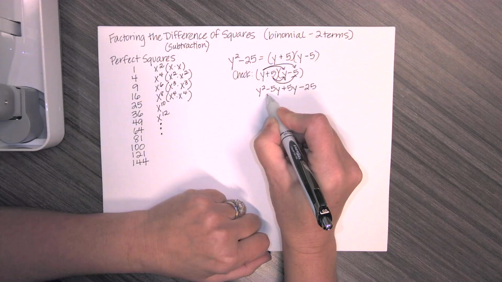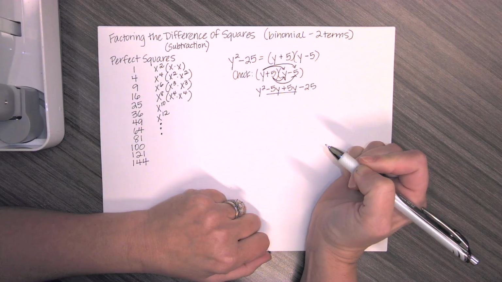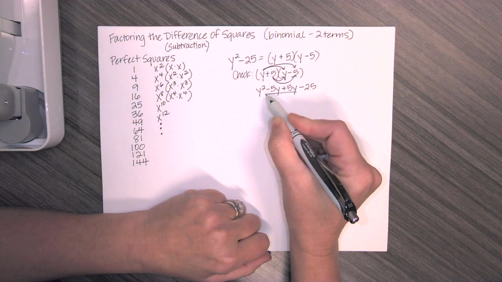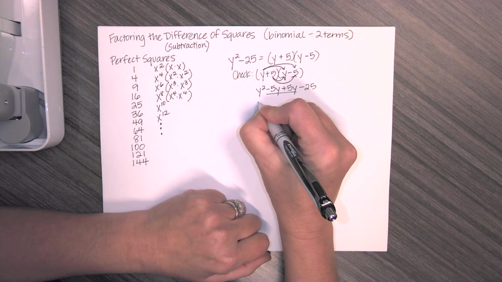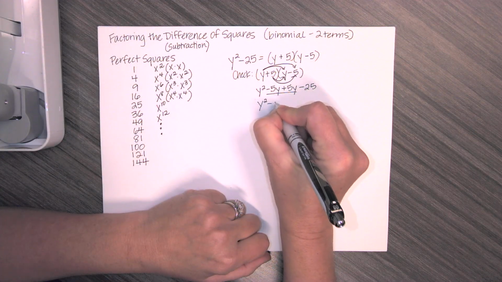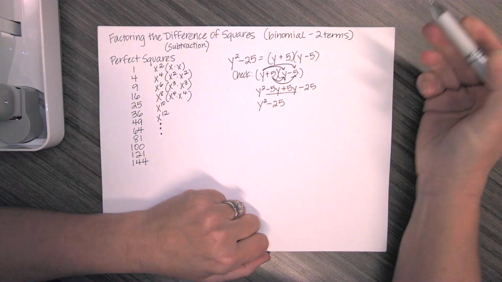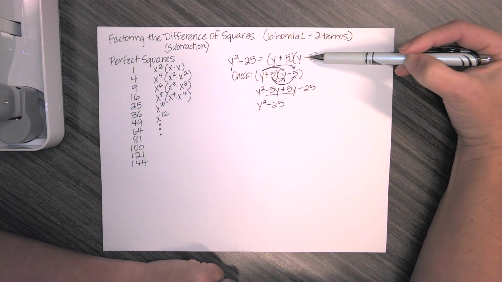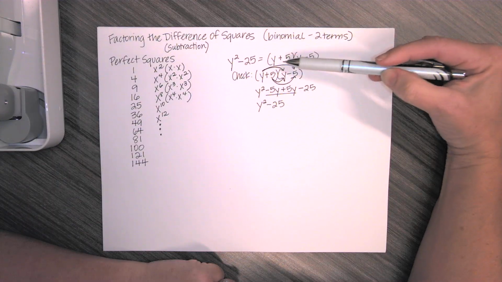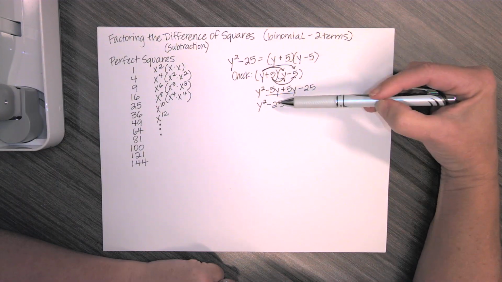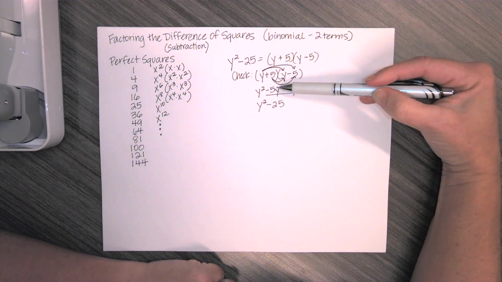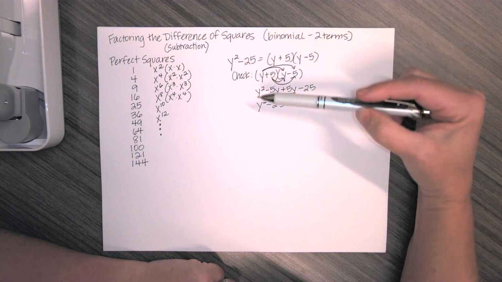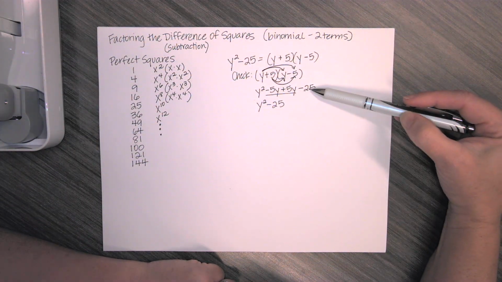So when we go to combine our like terms, we see what's going to happen right here is that these terms are going to zero out. They're going to cancel each other out and make 0. So all we're going to be left with is y squared minus 25. So that kind of shows you why you need a plus and a minus here when you factor this. By having a plus and a minus, it's going to cause these two terms to always zero out, and you'll just be left with the squared terms, y squared and 5 squared.